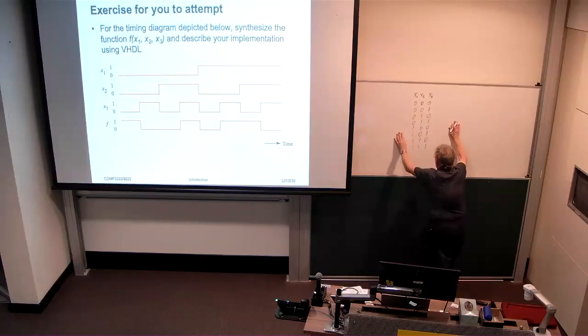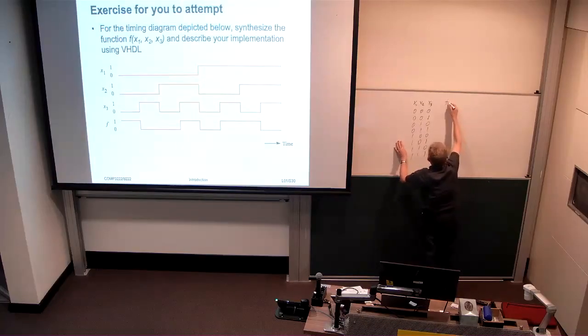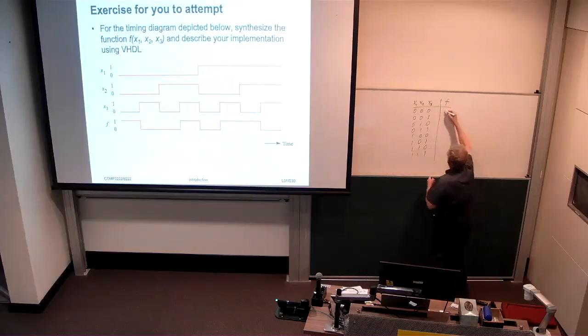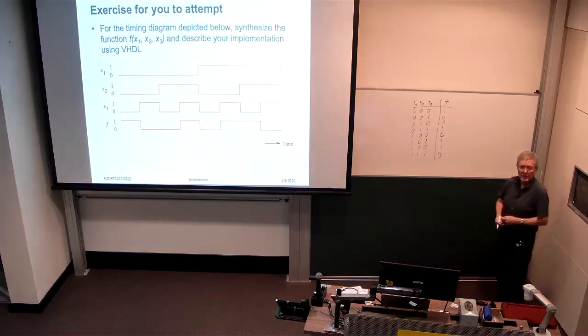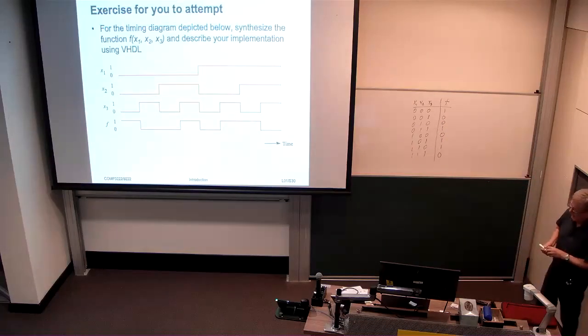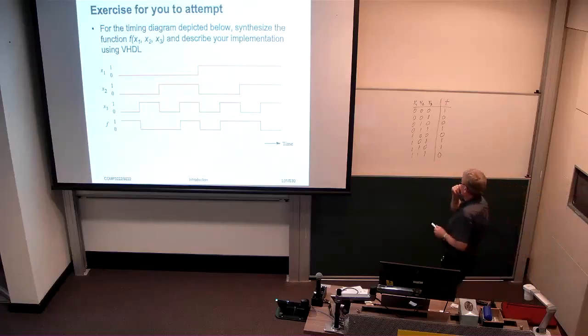Right, they're the 8 possibilities for F. So what's the value of F when all 3 inputs are 0? 1. Right, and then? 0, 0, 1, 0, 1, 1, 0. Okay, I think I agree with that. Can you all see that? That's the way to interpret this diagram.